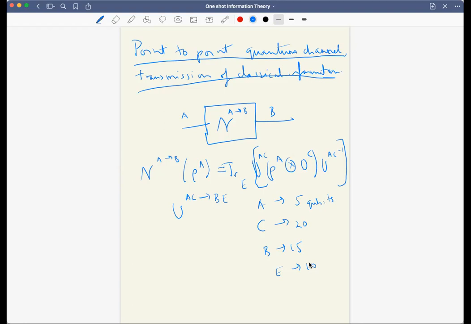Channel specification. In the classical case, we don't do this extra register adding explicitly. But in a classical case, if you are going from 5 to 15, you can sort of say that we actually do it.